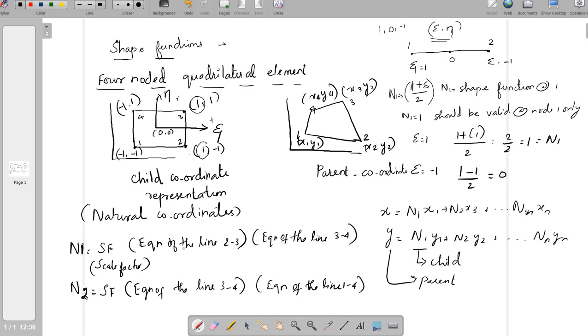So you have the common coordinate epsilon equal to 1. For the other line 3 to 4, you have the common coordinate of eta, which is positive 1 here and positive 1 here. In epsilon it is positive 1 here, but here it is -1, so you neglect that. So you consider eta equal to 1.